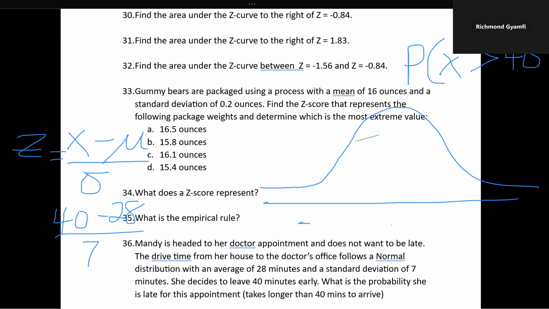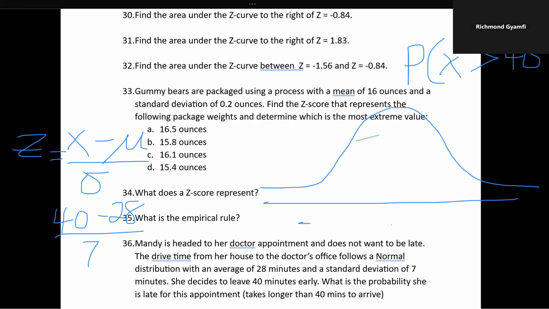If you put this in a calculator, it's 12 divided by 7, which gives 1.71. Remember, for a z score you round to 2 decimal places, 1.71. So we've changed our x to a z score.